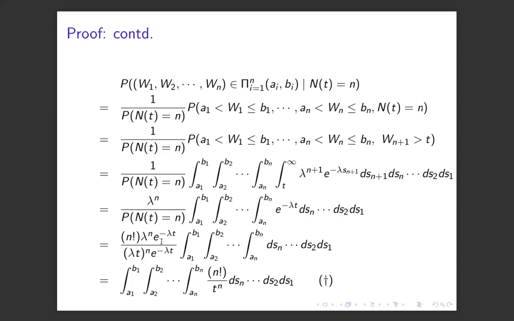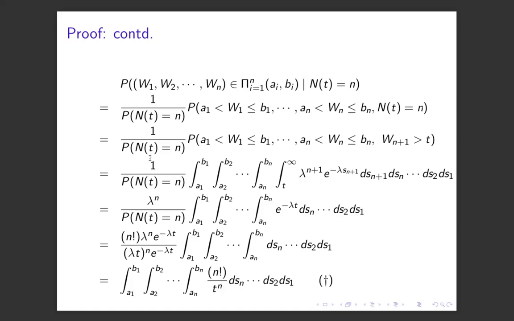So here these exponential terms cancel out, and the lambda to the n here cancels out with the lambda power n here, and what remains is just n factorial divided by t to the power n. And that you bring inside the integral.